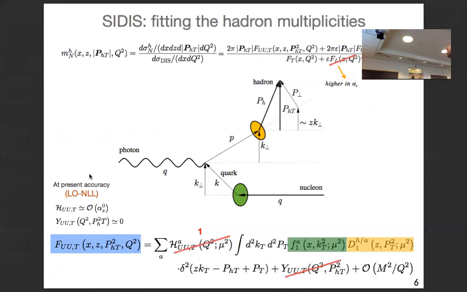So basically all we have for the hadron multiplicity is this function, F_UUT, unpolarized photon on unpolarized target with a transversely polarized photon exchange. The complete formula for the F_UUT would be this one, with the TMD PDFs, with the TMD fragmentation functions, and with the hard factor, which at present accuracy is order alpha S to the 0, so it's a constant, it's order 1.